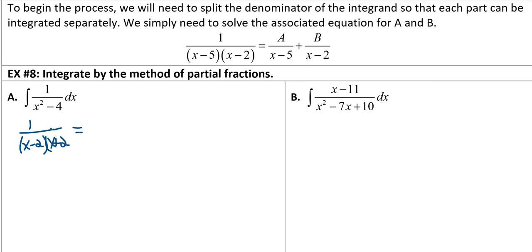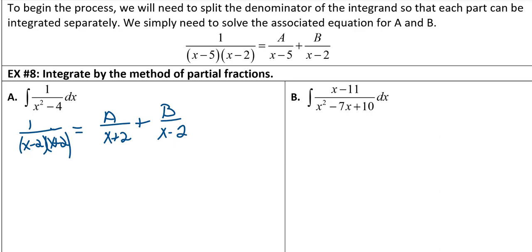We can write this as A over x minus 2 plus B over x plus 2, and it really doesn't matter what order you write these in, because it will work out in the end that they have the right coefficients and the correct signs.